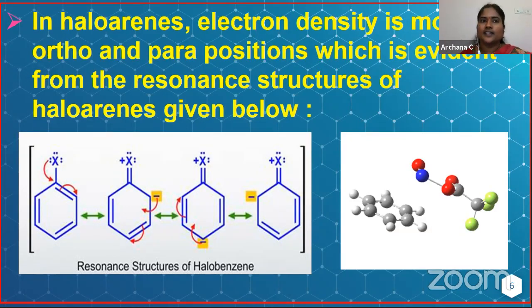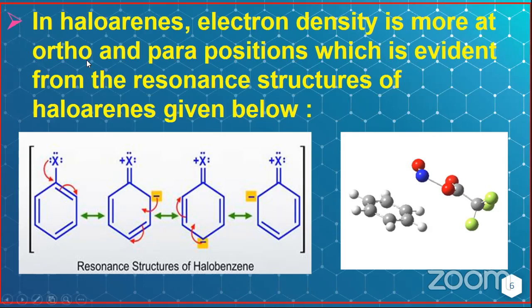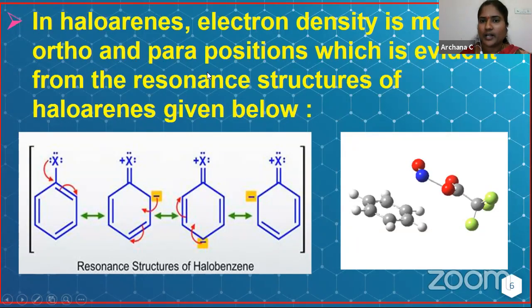We are discussing here how the haloarenes, that means where the electrophiles are going to attack. In haloarenes, electron density is more at the ortho and para positions. How do we know that electron density is more at ortho and para positions? Due to the resonance structures.